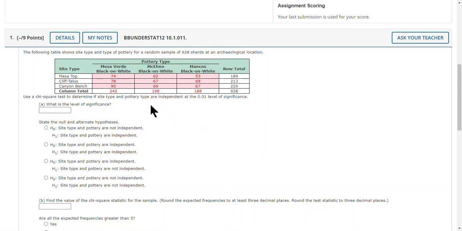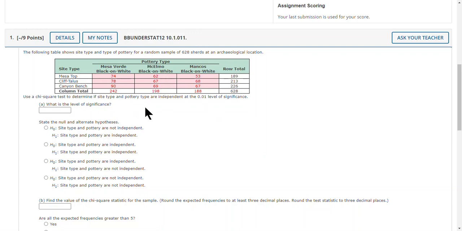They give us this table, and the site type is listed, and then the type of pottery is listed. You'll notice the actual data is in the pink cells, and the rows are summed up for us, and the columns are summed up for us.